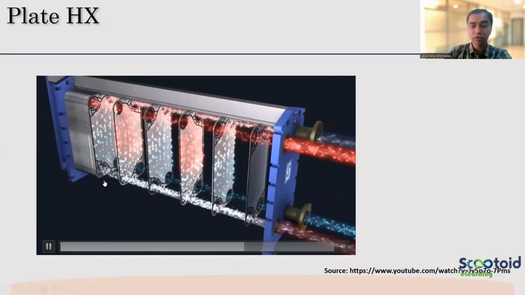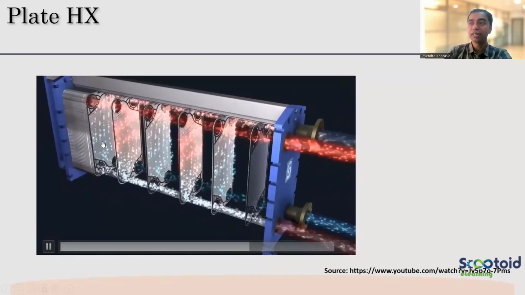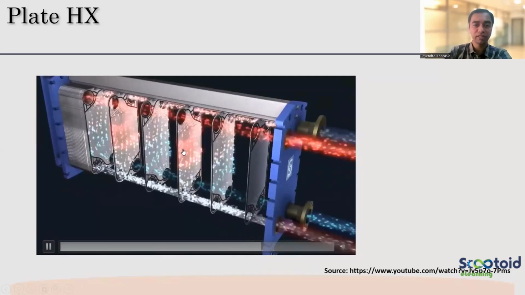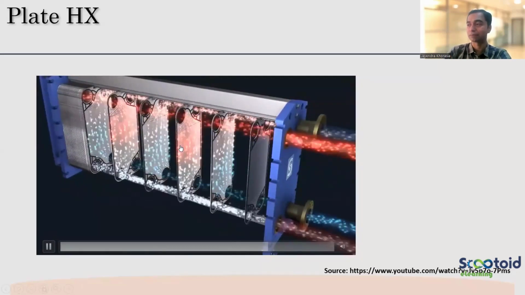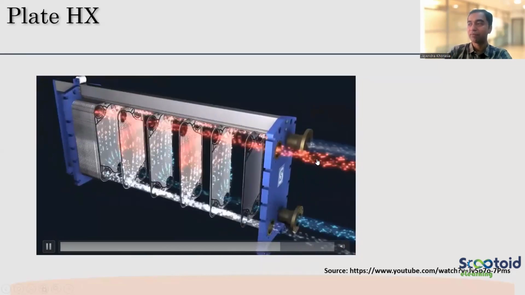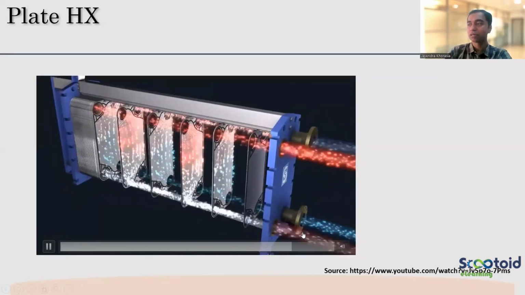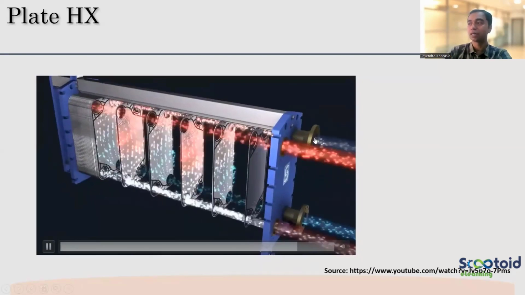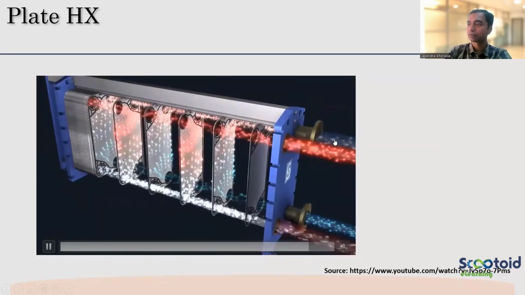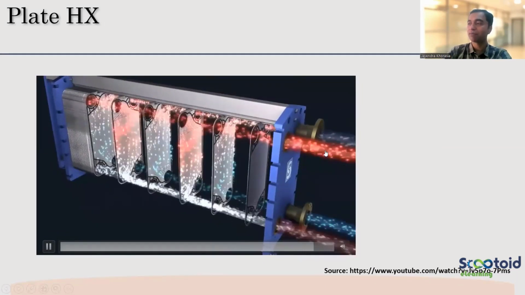You will also see that the cold fluid is in an alternate plate and the hot fluid which is getting cooled is in alternate plates. You can see the change of color. The red one is becoming lighter red and the blue one is becoming a bit lighter blue, which showcases that the blue is getting warmer and the red one is getting cooler.